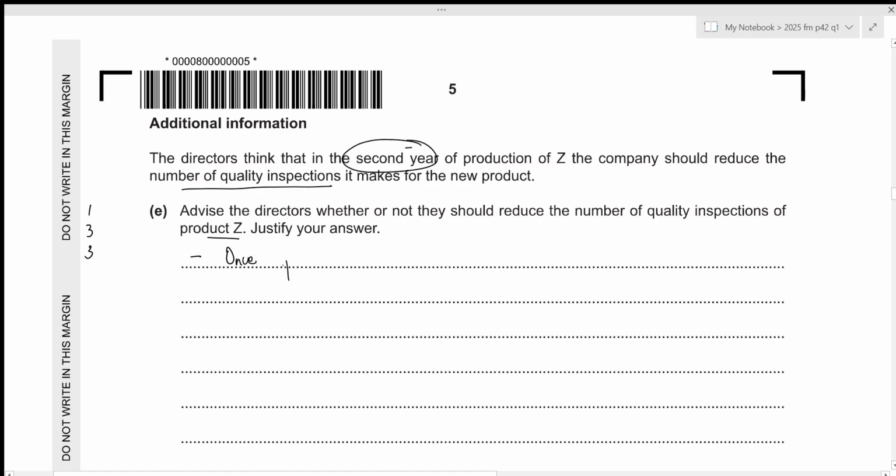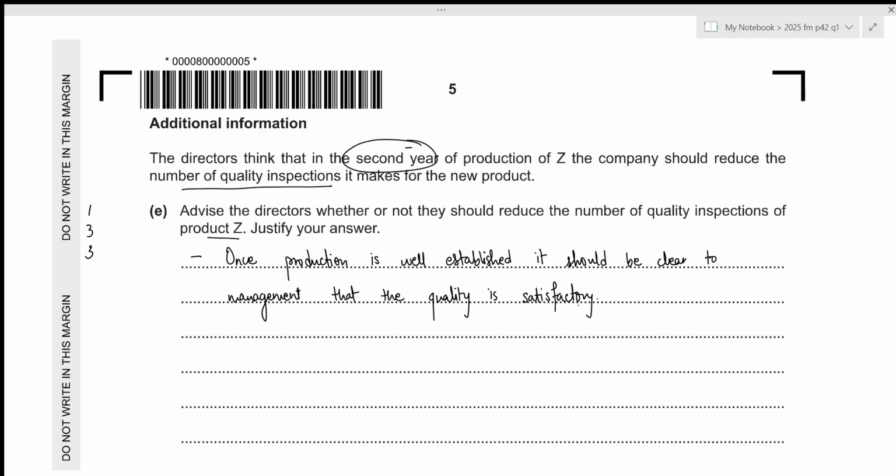Once production is well established, it should be clear to management that the quality is satisfactory.